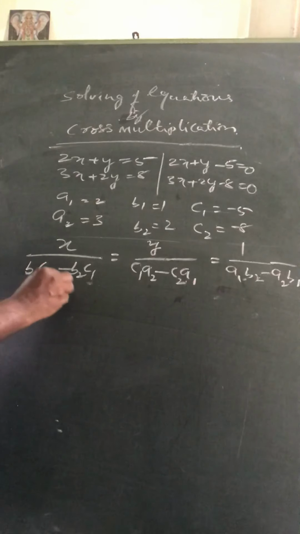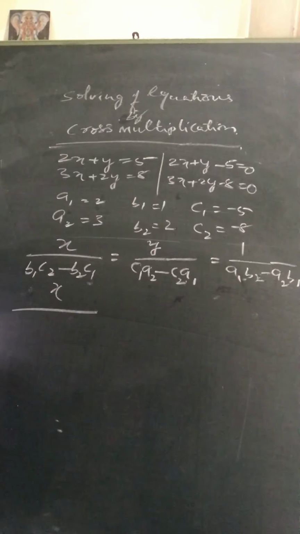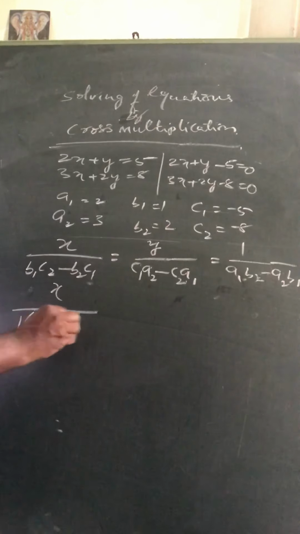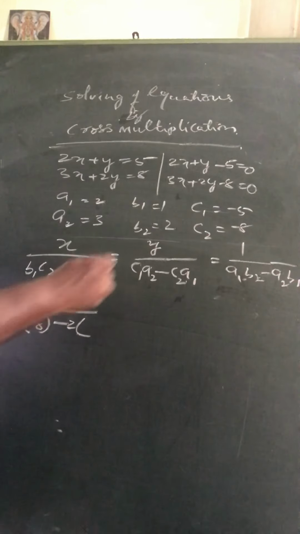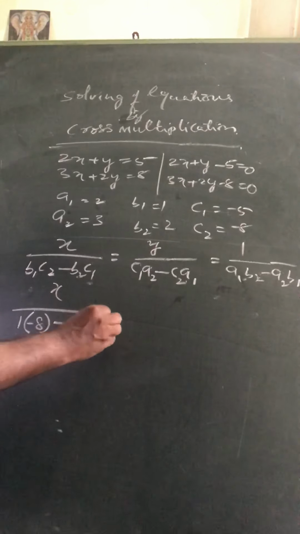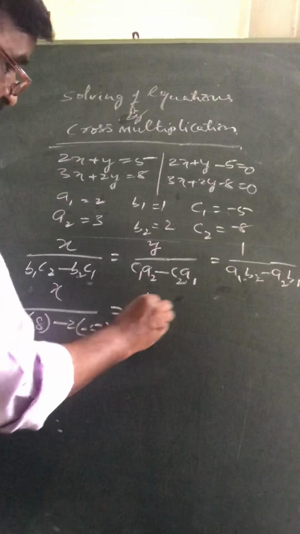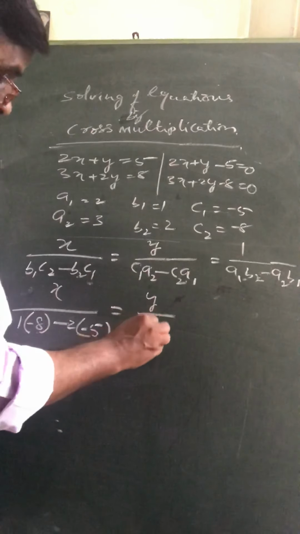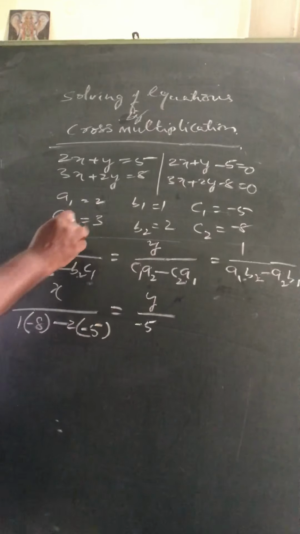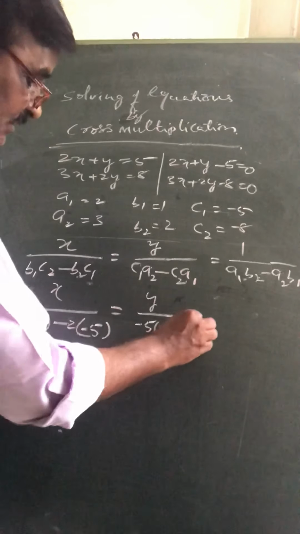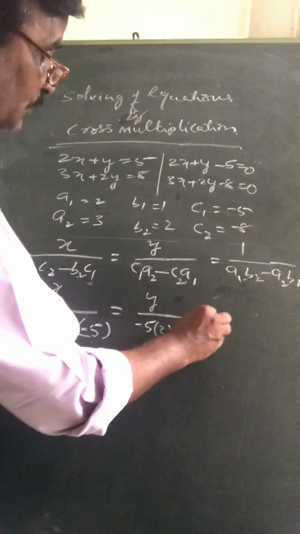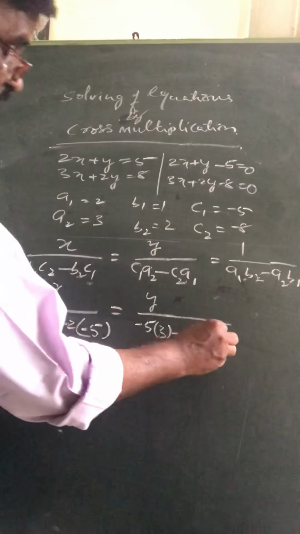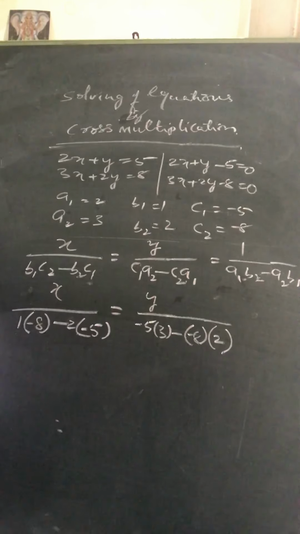Write the values here. x by b1 into c2, b1 how much? 1, c2 minus 8, minus b2 which is 2 into c1 minus 5, is equal to y by c1 minus 5 into a2 which is 3, minus c2 minus 8 into a1 which is 2.